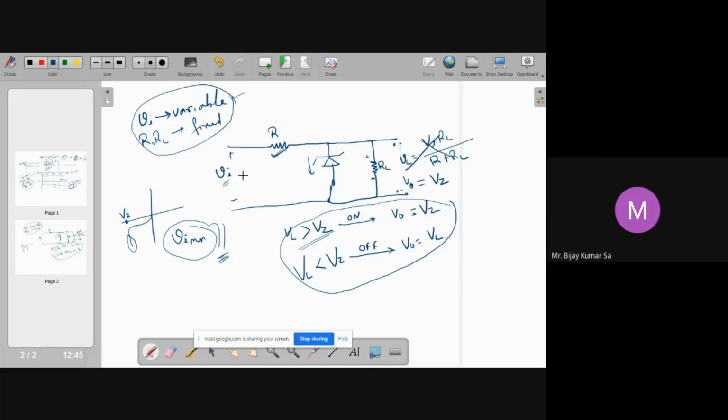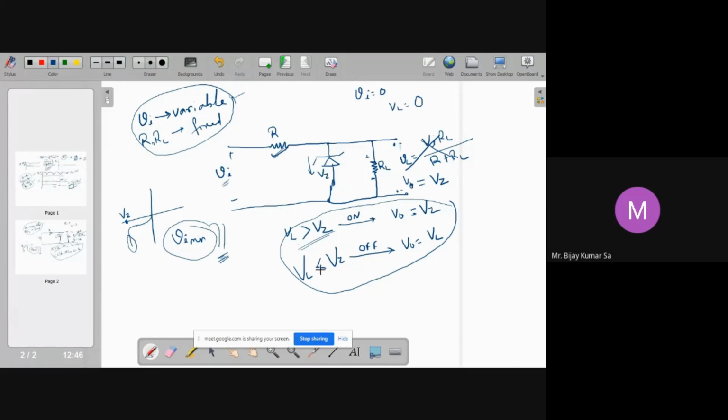Are you getting or not? Suppose, let's say Vi is equal to 0. In that case, VL is equal to 0 because VL is Vi into RL by R plus RL. So VL becomes equal to 0. If this zener diode has a zener breakdown voltage of Vz, of course you will check for this condition: is 0 greater than Vz?